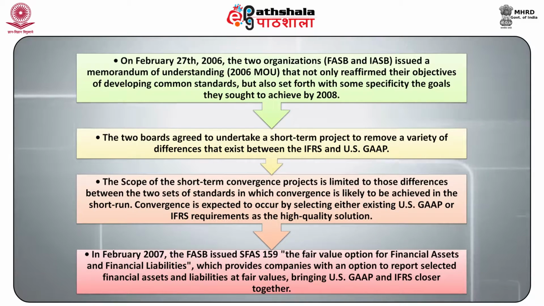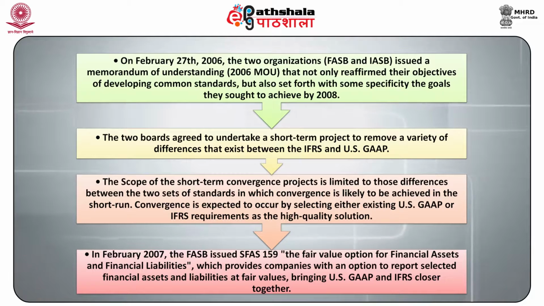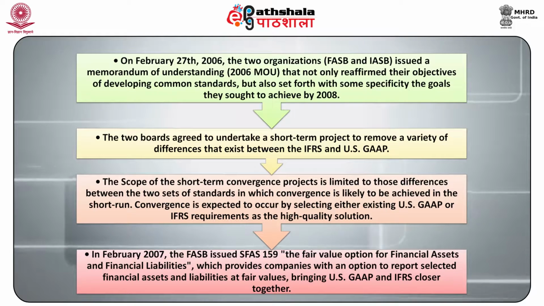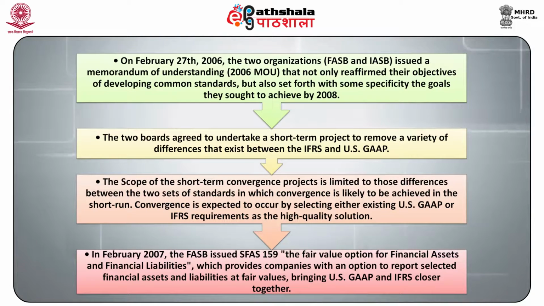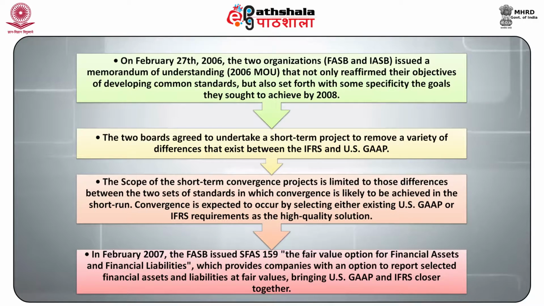In February 2007, the FASB issued SFAS 159, that is the fair value option for financial assets and financial liabilities, which provides companies with an option to report selected financial assets and liabilities at fair values, bringing US GAAP and IFRS closer together.